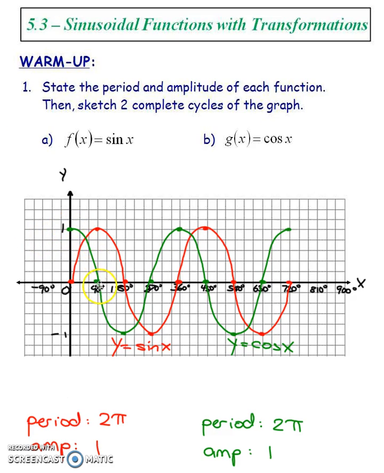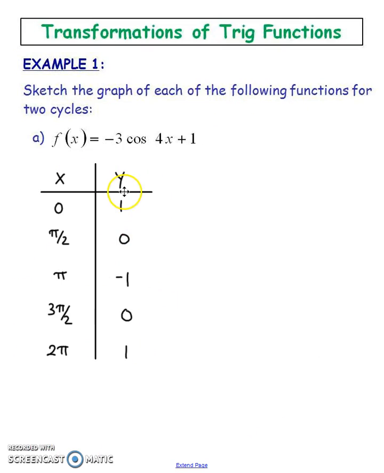So there are 1, 2, 3, 4, 5 major points of the cos graph, and all I did was write them right there. These are the original numbers. Now I'm going to start my transformations. Remember, your A and your C values are going to be your vertical components, so I'm going to put those with my vertical numbers.